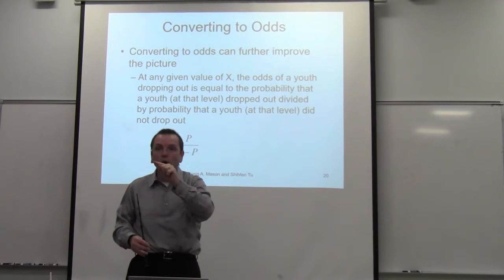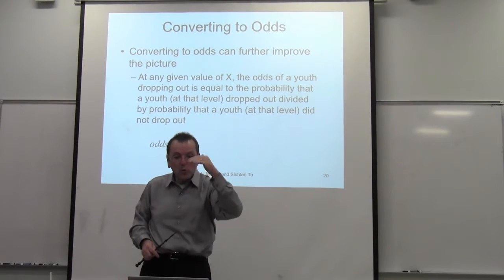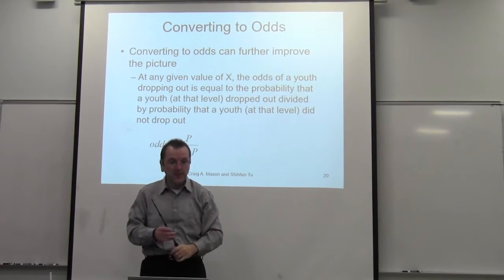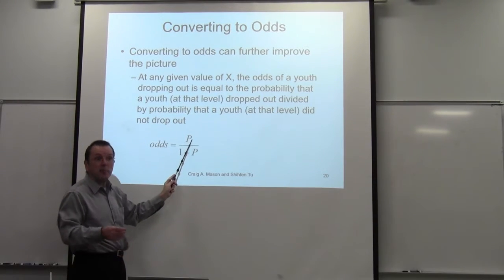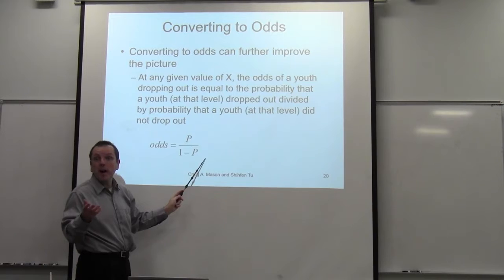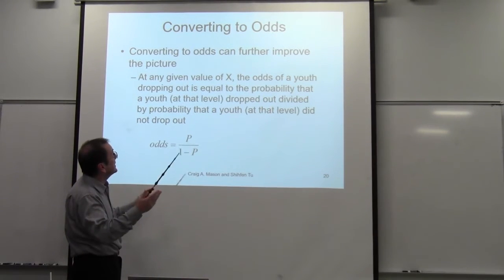We've already seen that odds can be 50 over 50, and odds can be greater than 1. All you do to make a probability into an odds is divide that probability by 1 minus the probability. So take p over 1 minus p, and that makes it an odds.